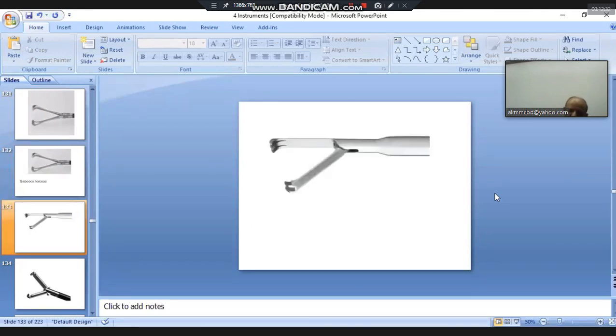And this is a heavily toothed forceps. One of the jaws is fixed and straight, and another jaw is mobile. We call this crocodile forceps.